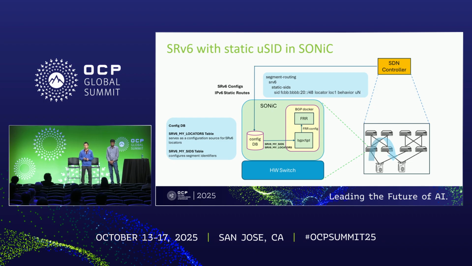Here we show a simple config snippet for the SRv6 static SIDs configuration in FRR. As you can see, you just need to configure the IPv6 prefix, the locator name you use, and the behavior you want the switch to perform.